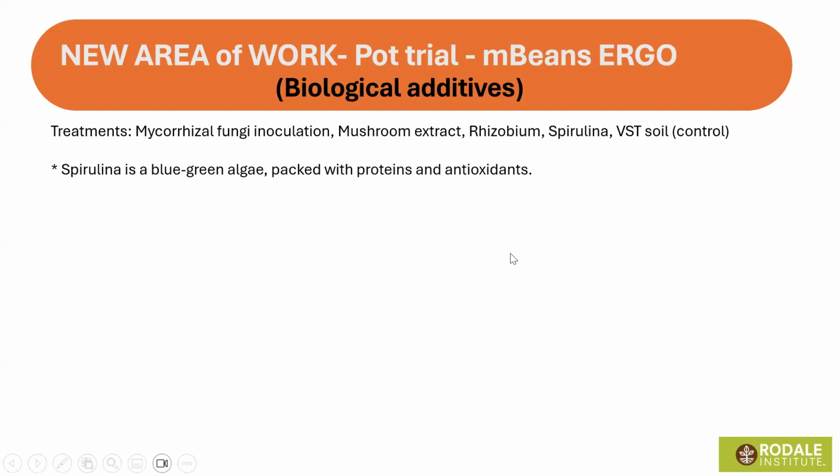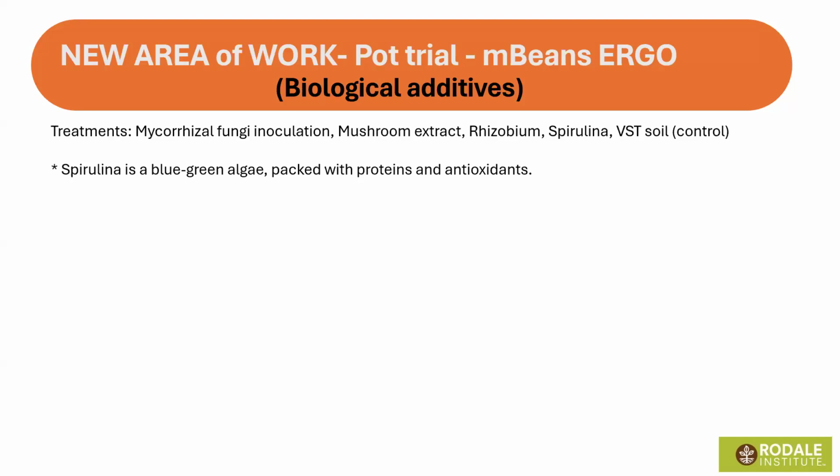So I prepared a pot experiment, and I again used the inoculum from the vegetable systems trial, and compared it to mushroom extract, and rhizobium, which we usually add to the beans, or without the rhizobium.